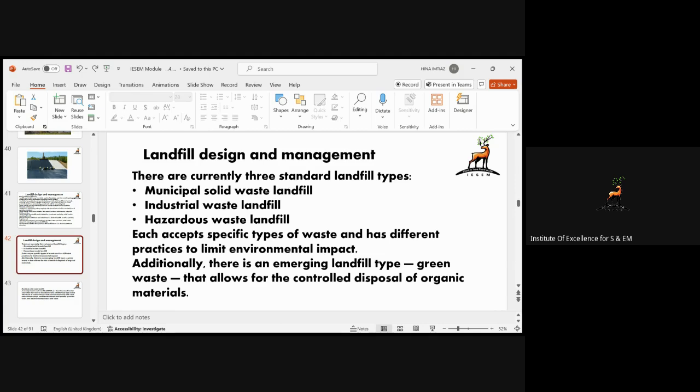The EPA accepts specific types of waste and has different practices to limit the environmental impact. Additionally, there is an emerging landfill known as green waste that allows for the controlled disposal of organic waste, such as leaves.